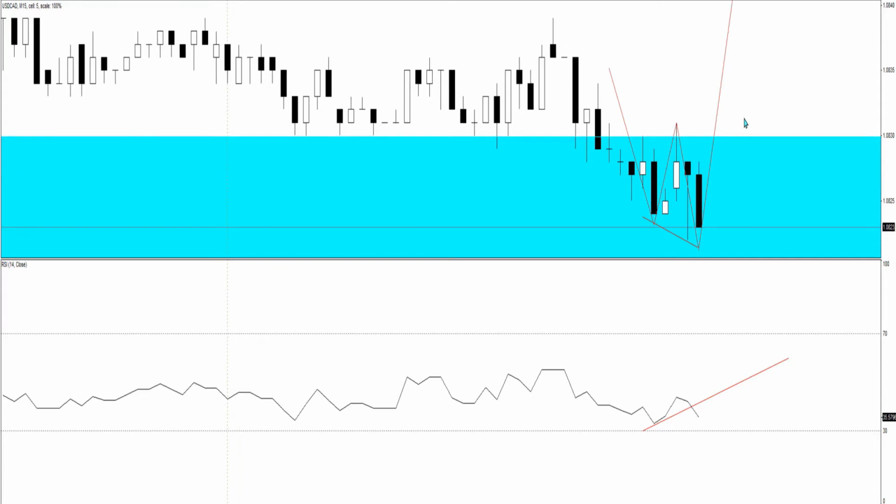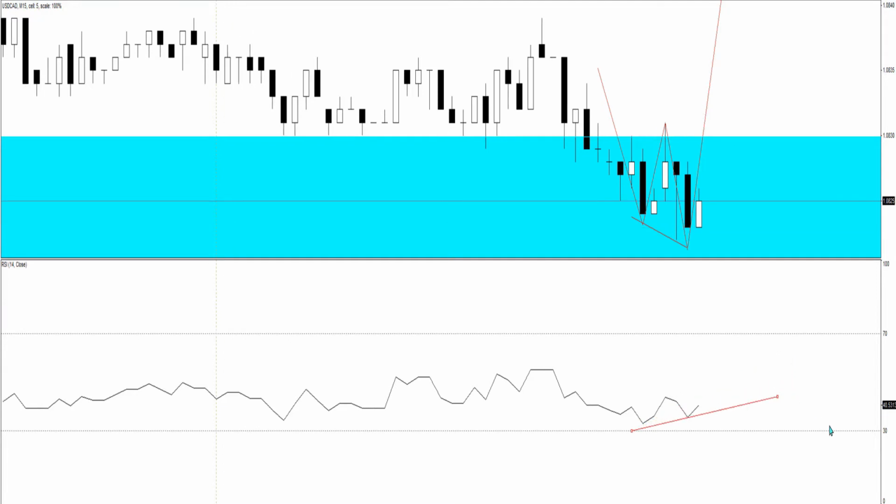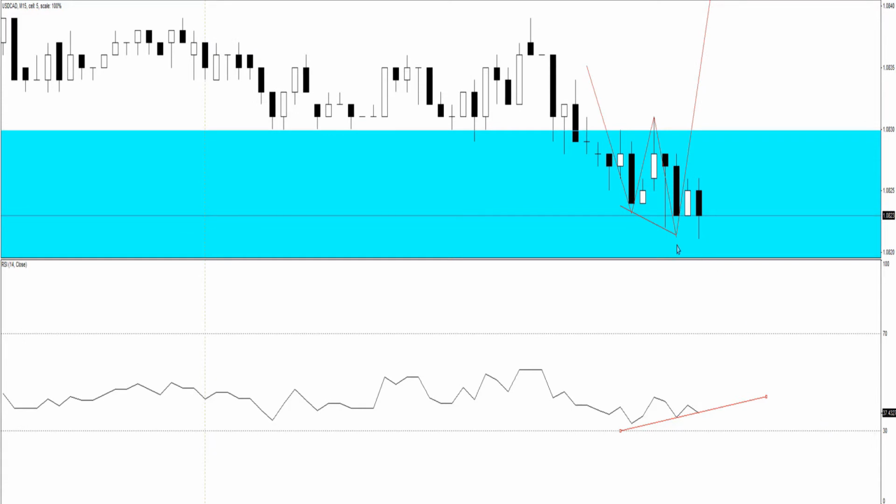So let's watch the price again. We remain divergent on the RSI, even though prices are making lower lows even. Here we go. Prices are making lower lows now. The RSI is showing that we are still in a divergent state.